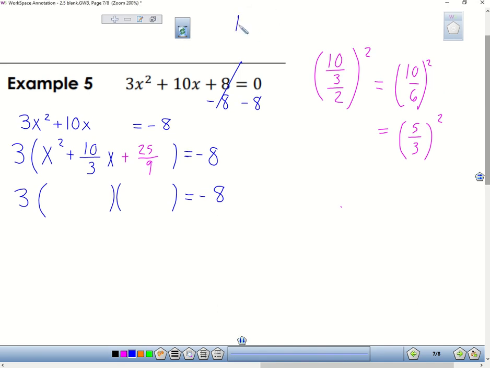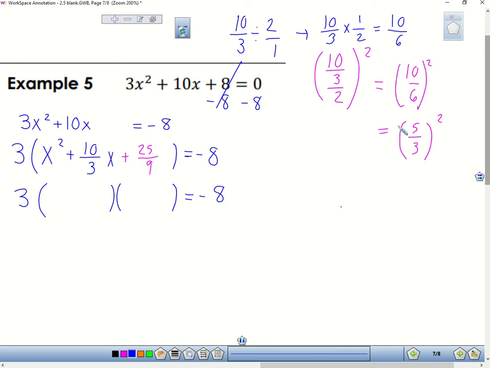You guys remember keep, change, flip? When you divide 10 thirds by 2 over 1, you change the second fraction by taking the reciprocal of it and change to multiplication, which is just going to become 10 sixths. So it's just a simplified version of keep, change, flip. Does that make sense? Yeah.